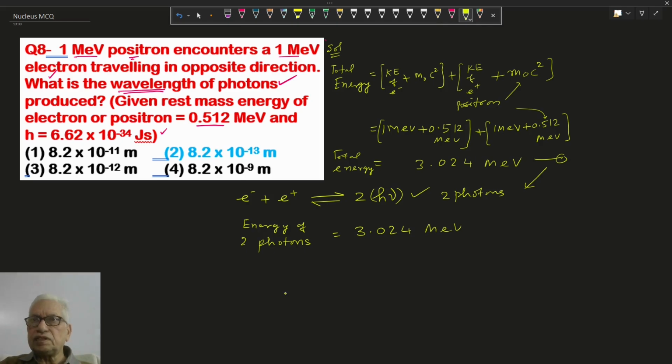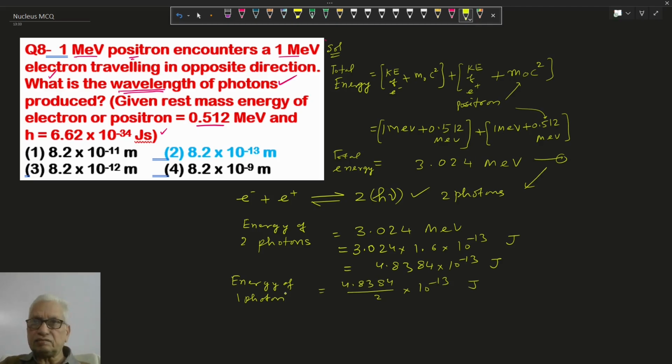If we convert this energy to joules, we have to multiply with 1.6 into 10 power minus 13 joules. Solving, we get the energy of 2 photons. So now the energy of 1 photon will be this divided by 2 joules. Solving, we get 2.4192 into 10 power minus 13 joules.